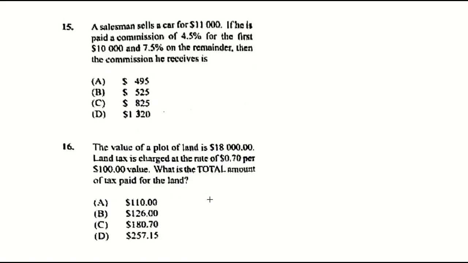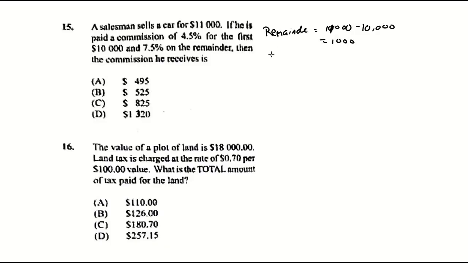Right? Number 15, if a salesman sells a car for 11,000, and he is paid a commission of 4.5% for the first 10,000 and 7.5% for the remainder, then the commission he receives. So first off, let's find out the remainder. The remainder would be 11,000 minus 10,000, which is 1,000.